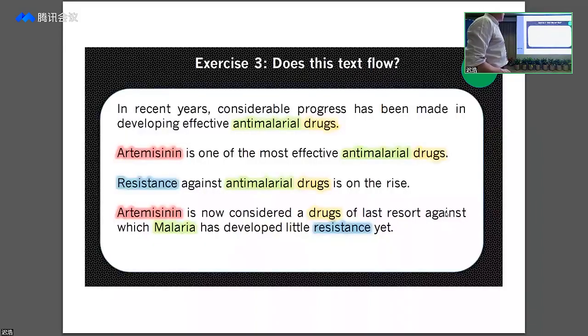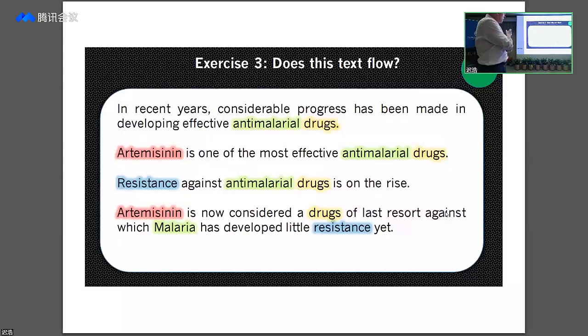So now let's have a look at some of the terms that are being used in here, and then we become clearer on what the problem is. Have a look. The first sentence finishes with anti-malarial drugs. The next sentence starts with artemisinin. It finishes again with anti-malarial drugs. The third sentence starts with resistance, then has anti-malarial drugs somewhere inside.